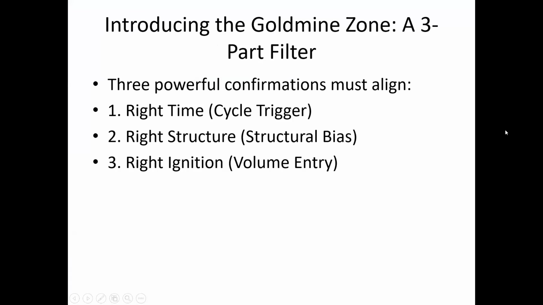So we need to capture this gold mine zone, a three-part filter. Three powerful confirmations must align: right time, the cycle trigger; right structure, the structural bias; right ignition, the volume entry.